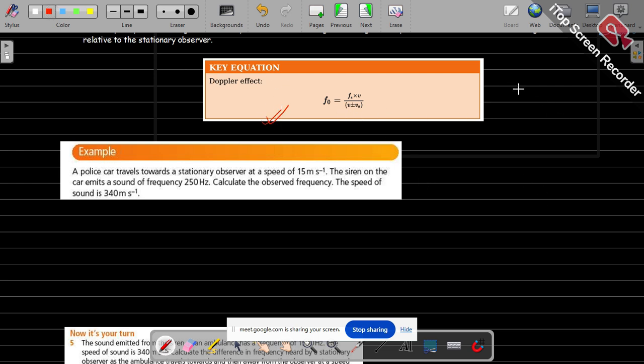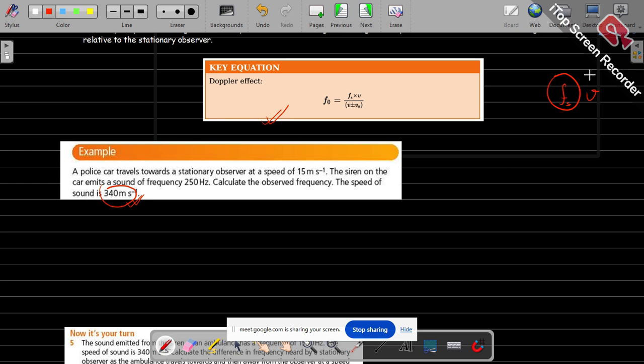What do we have? Fs in this case is the frequency of source. It is the original frequency of sound. V is the speed of sound in air, which is given to be 340. अगर एग्जामिनर क्वेश्चन में 340 से अलग कोई value देते हैं, 337 or 336, you go with it. Otherwise, we'll always take it to be 340.